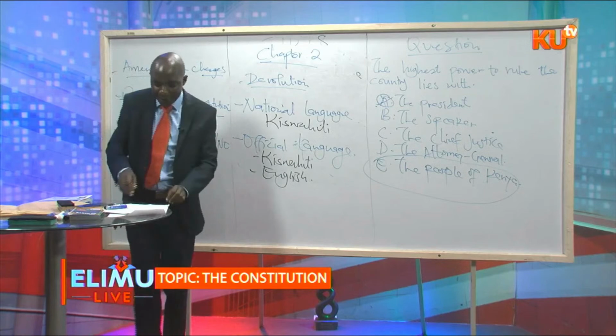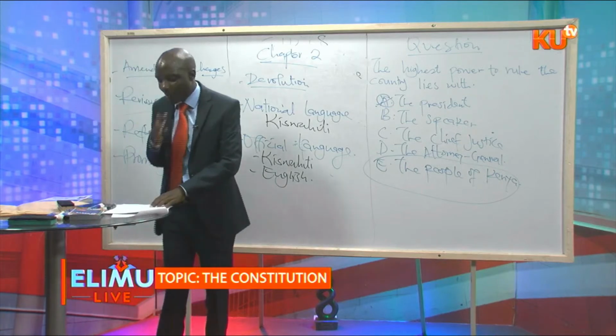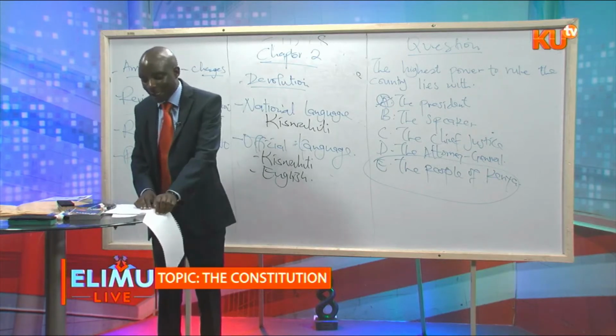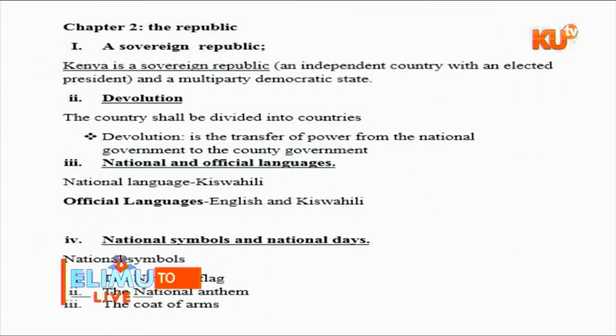Here they are. Then that very chapter talks about the national symbols and national days. In fact, sometimes you get this question: which one of the following is not a national symbol? So we talk about the national symbols and national days.